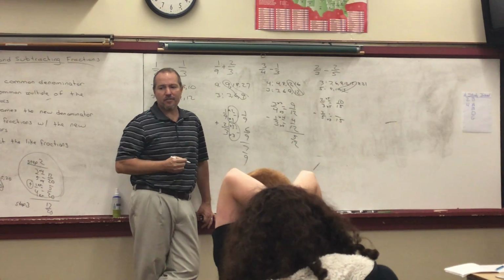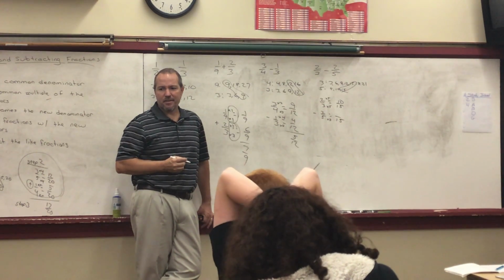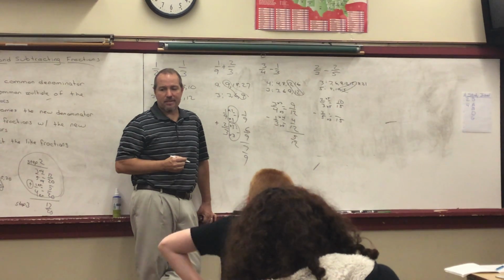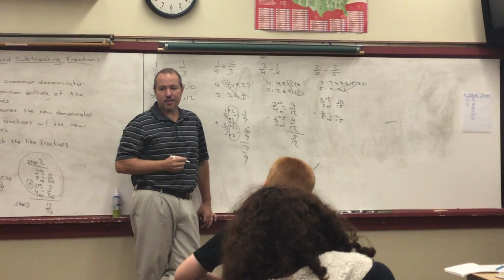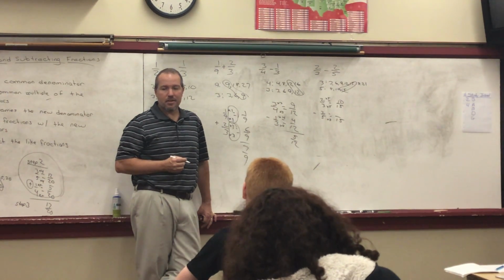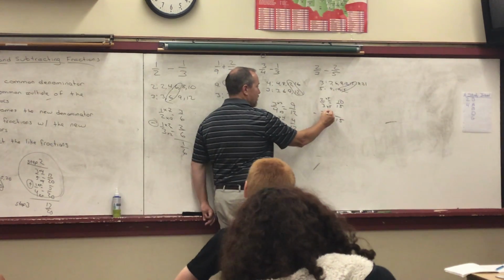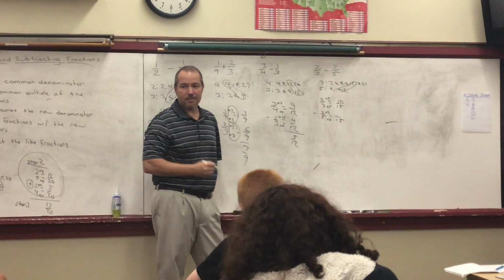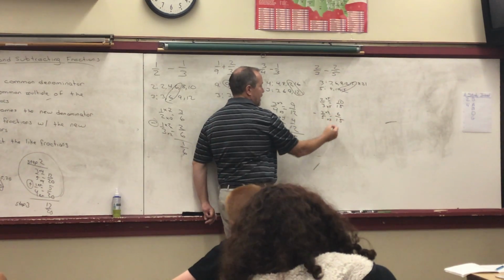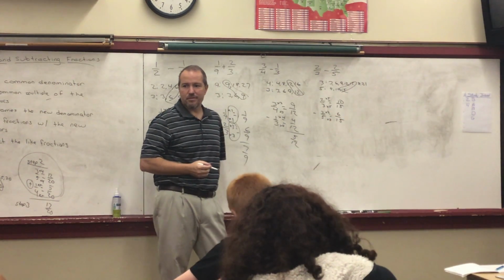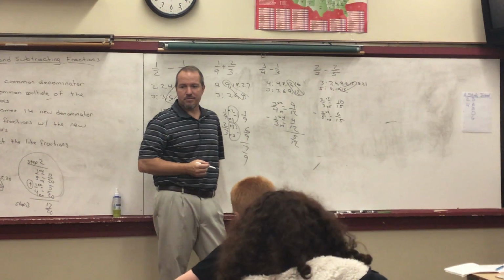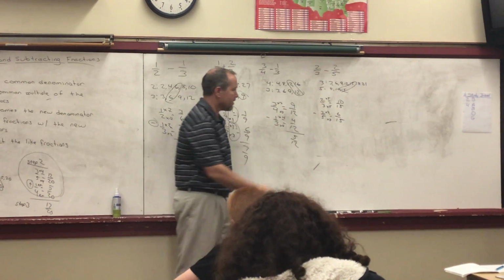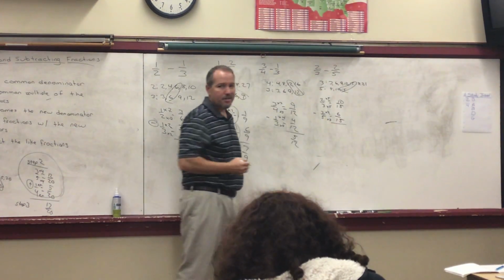Not 5 times 15, 5 times 3. Then what are you going to do? You're going to take the top, 2 times 3, which is 6. And now what are you going to do? Then you're going to subtract them. And you get?